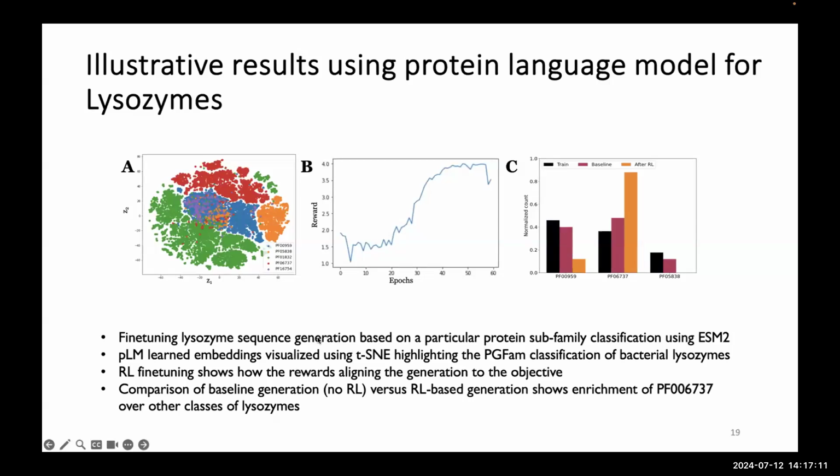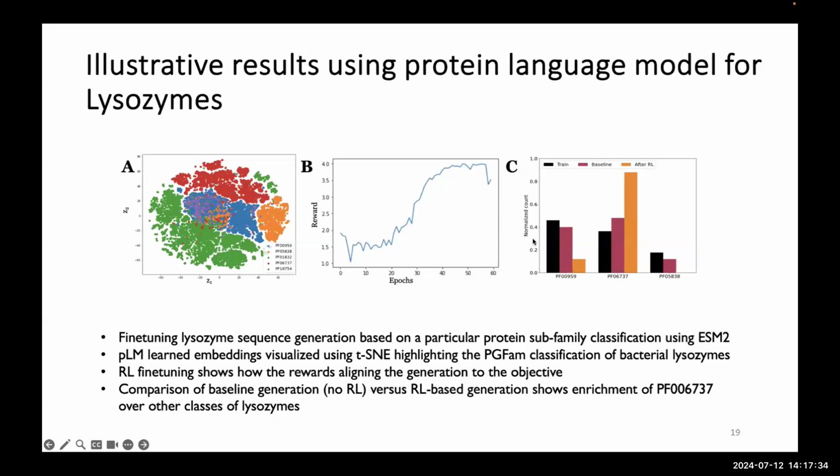And you can employ a classifier reward model that can skew your RLHF mechanism to fine-tune your model and result in a final model that is able to preferentially generate one of the families compared to the others. And that's basically what is captured in this plot.